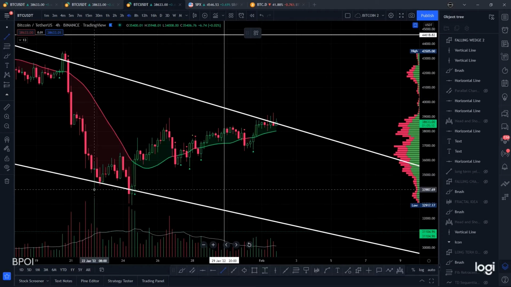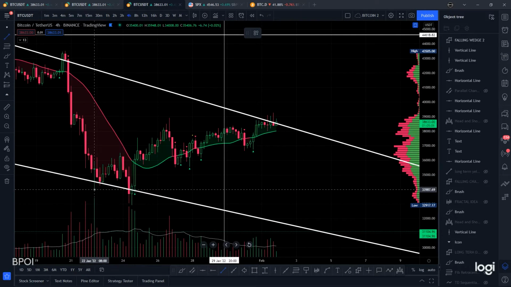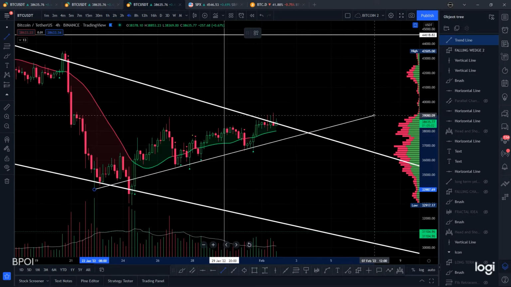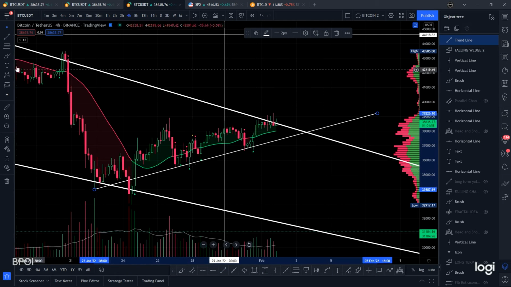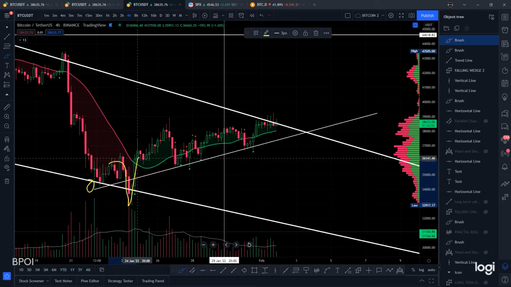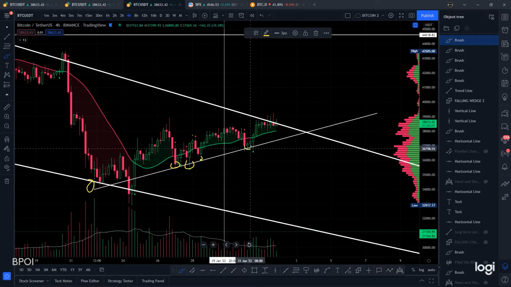I'm going to go from this point, taking the most touches I can on the old candles, around about here. I'm going to extend this trend line a bit more, like so. So we can see this is the path that Bitcoin has been following. Bar this dip below and move back up, you can see the number of touches on this trend line right now.